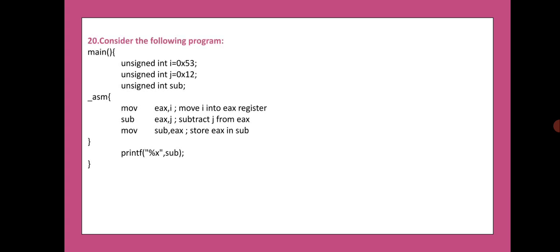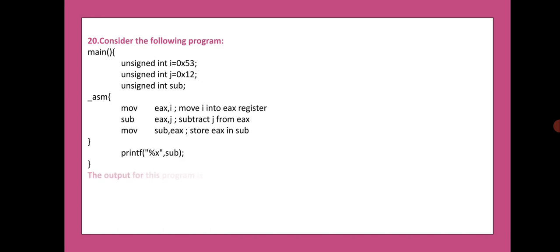Consider the following program. I have unsigned int i equal to 0x53 and j equal to 0x12, and unsigned int sub. I have assembly code: move i into the EAX register, sub EAX, j, that means subtract j from EAX, then move EAX into sub, storing EAX in the variable sub. Then printf("%x", sub).